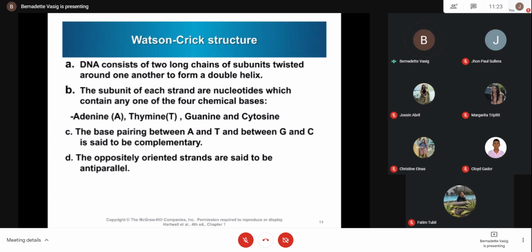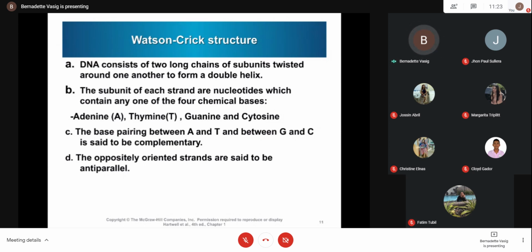Okay, so DNA consists of two long chains of subunits twisted around one another to form a double helix, which is in contrast to RNA composed of only one strand. The subunits of each strand are nucleotides, which differ in their nitrogenous base.